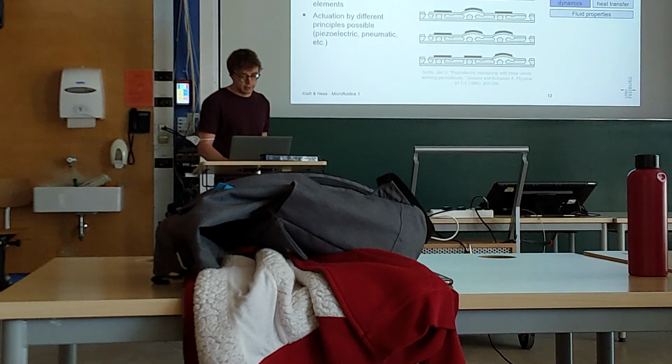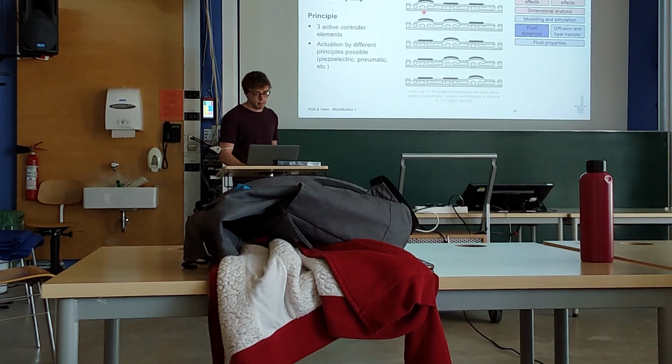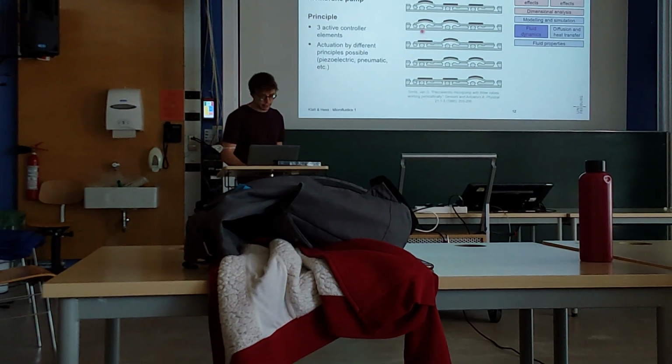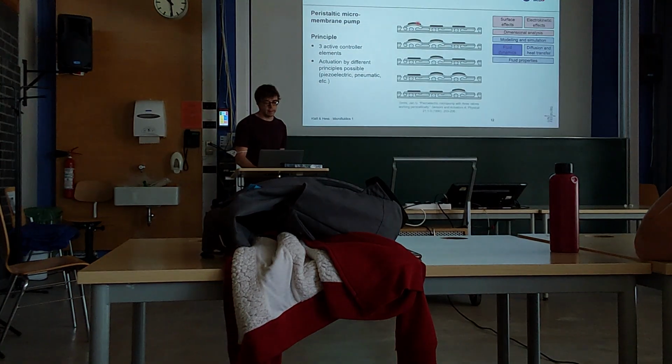Opening or closing, you can prevent or allow the liquid to move through your structures. The way how you control these controllers is not really of importance. You could make use of pneumatic controlling, but you could also use some kind of piezoelectric or thermal or electric control.